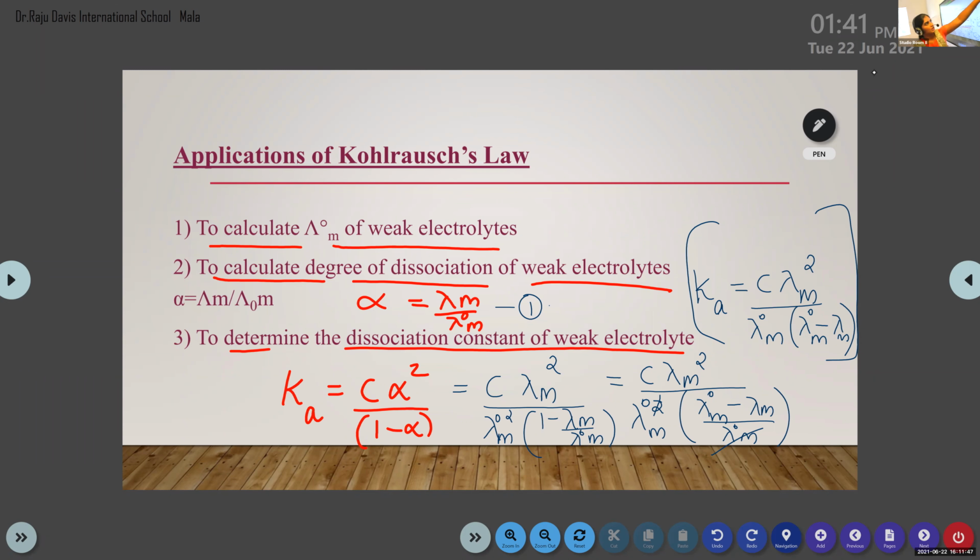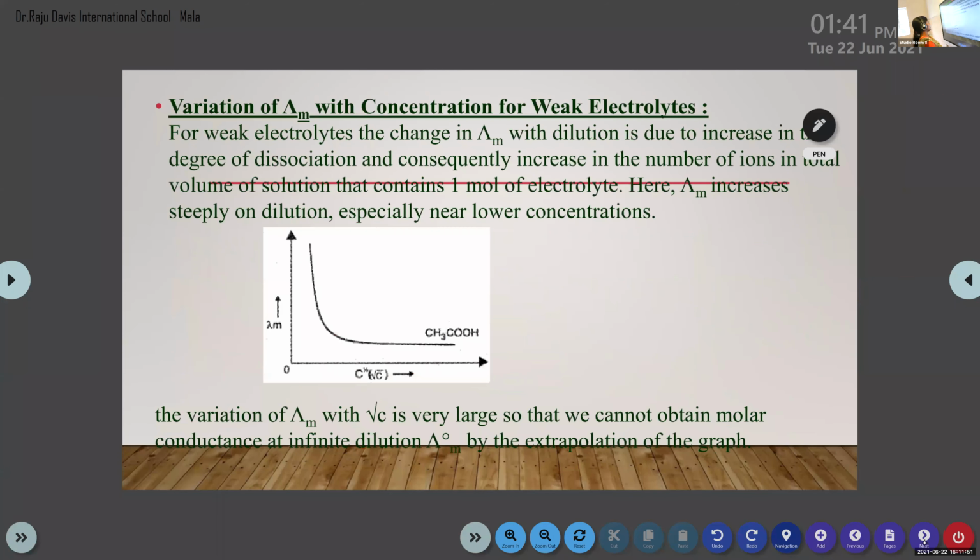Nothing. Okay, then we can move to the next topic, that is the variation of molar conductivity with concentration for weak electrolytes.